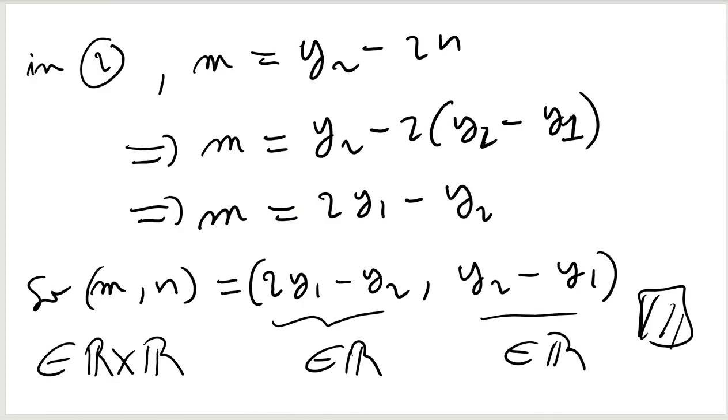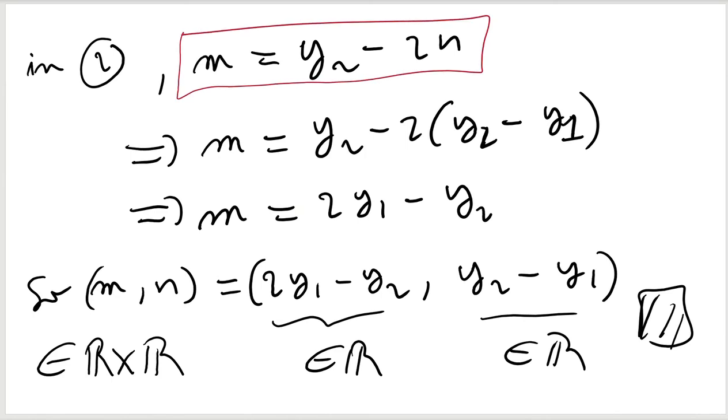You just replace in 2 or in 1 and you get m equal to this expression. So you go back and you get this. That's very easy. So you have m, n equal to this expression.